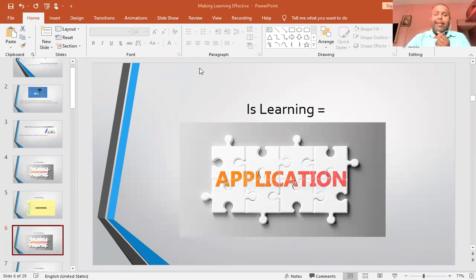Why is learning applying for you? Realization. Very good. It is realization also. When you learn something, you realize. Hands-on experience. Great, Sumati ma'am. Thank you for your active participation.